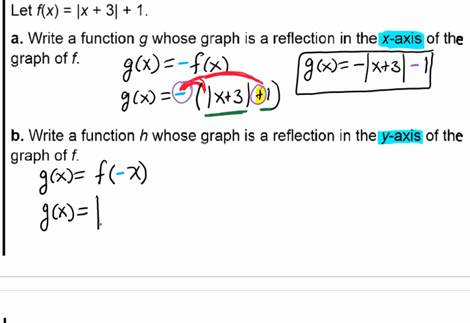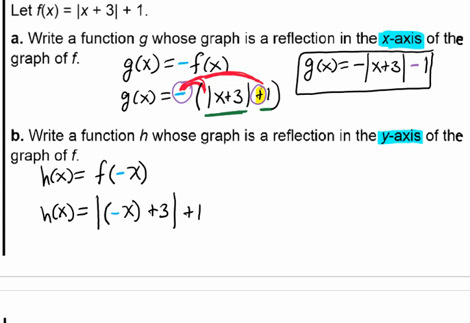So absolute value, but now where we have our x, what we're actually going to have is a negative x plus 3, close the absolute value symbol, plus 1. And we see here that there's nothing that negative x can be combined with, which means, technically, that's not a g of x, is it?